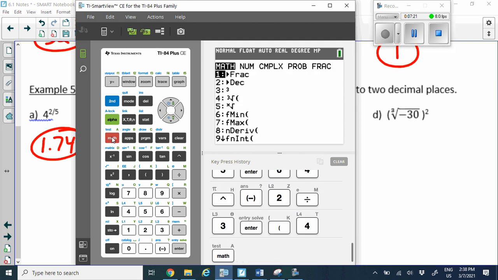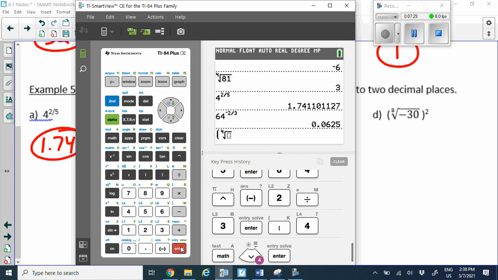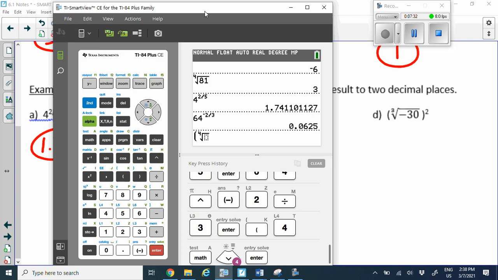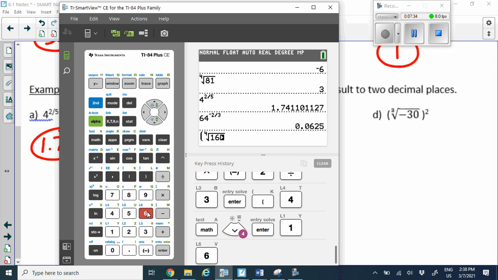Now I need to go into math, and I'm going to go to number 5 here. There's going to be that x radical there. So I press that to give me my 4th root, and I'm doing it of 16. Now if you're using a scientific, it's going to use parentheses, so you just close the parentheses. If you're using a graphing, you do need to arrow over.